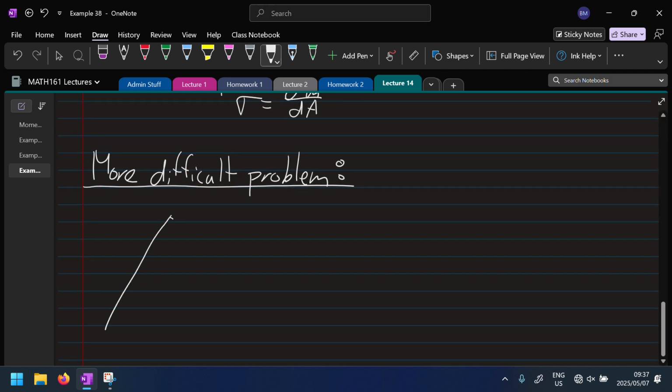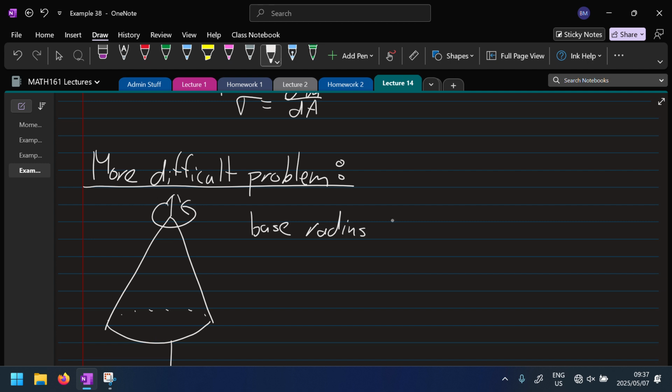So we have a cone like this. It's being rotated around the symmetry axis down the middle. It has base radius capital R, mass m, and a constant density, so it's a uniform solid.